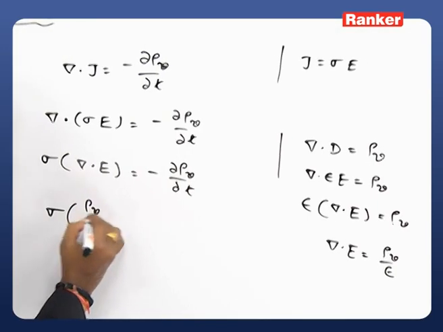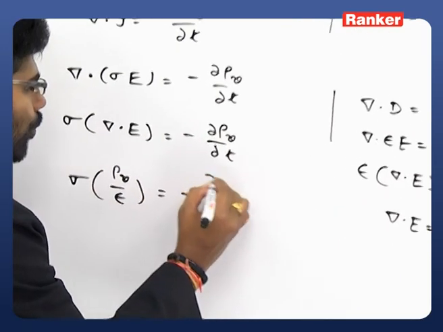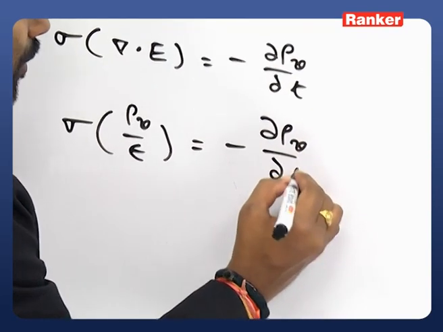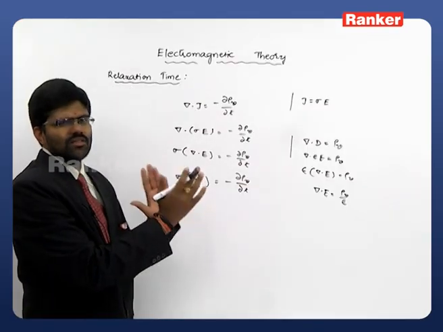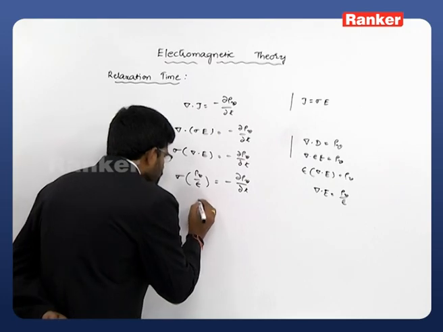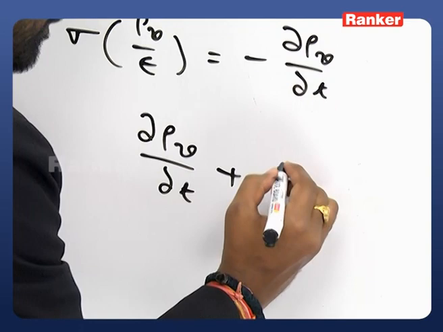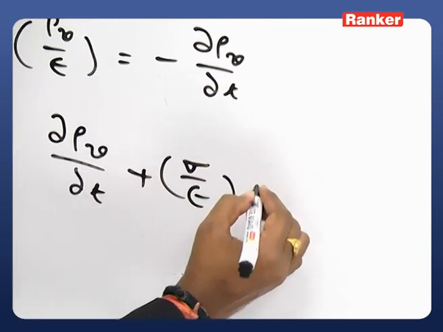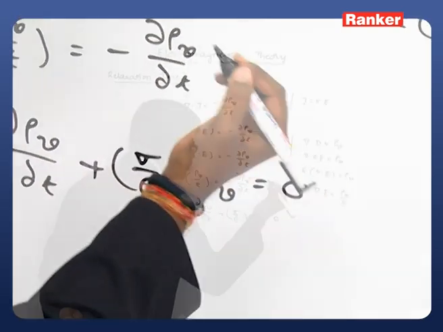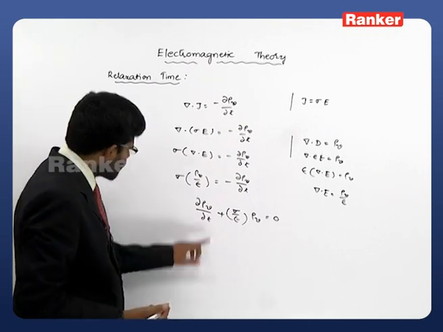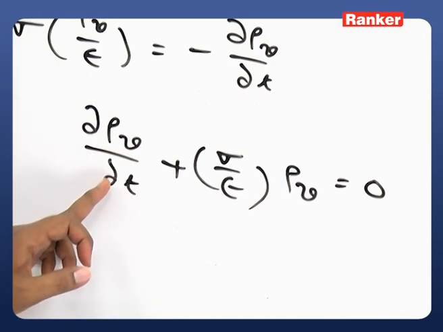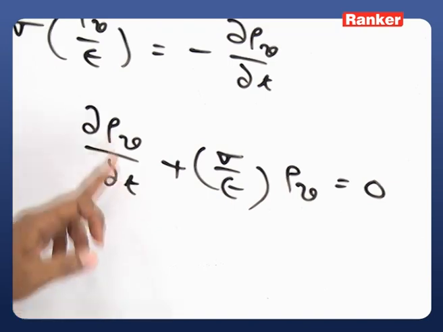So σρv by ε is equal to minus ∂ρv/∂t. Just rearrange this equation. Rearranging gives ∂ρv/∂t plus σ/ε ρv is equal to 0. Clearly observe this equation: it is a linear, first order differential equation.